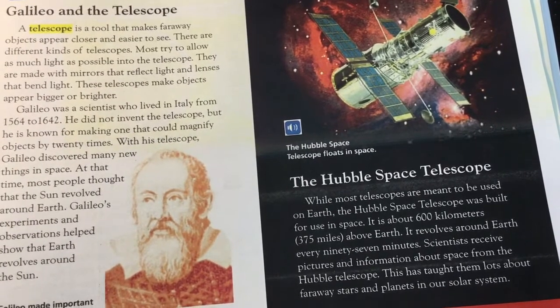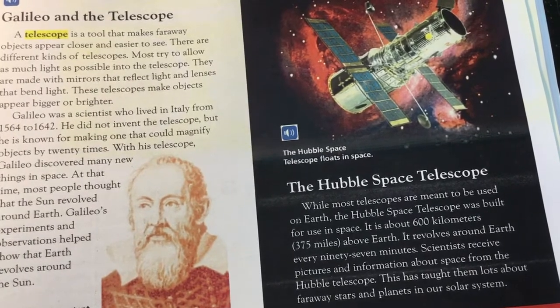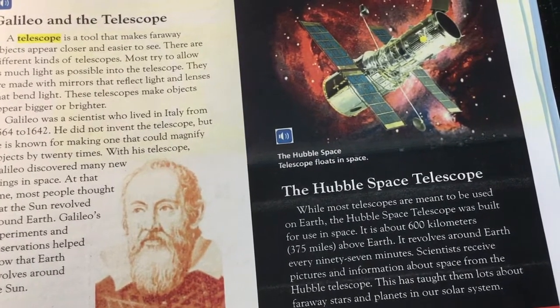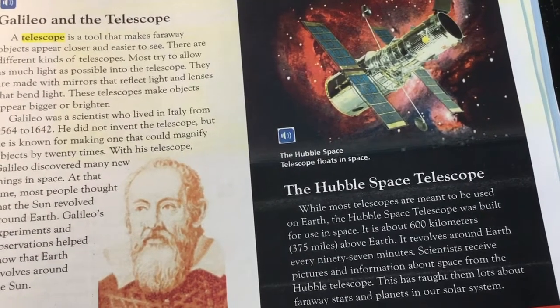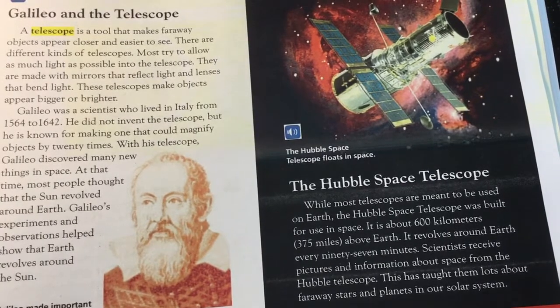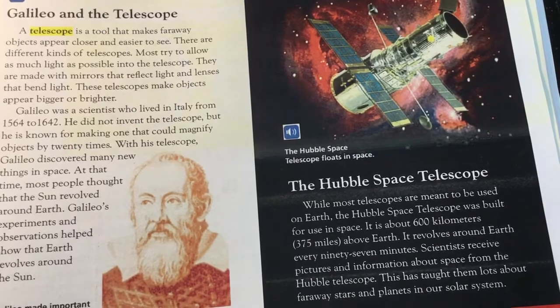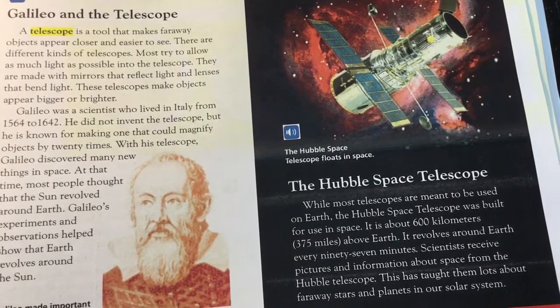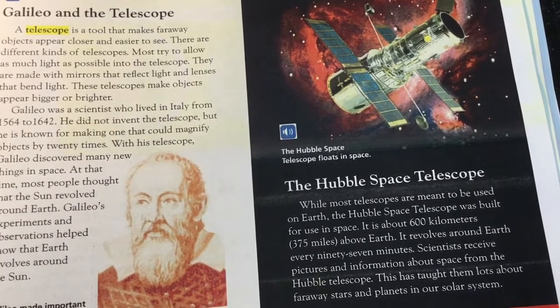It revolves around Earth every 97 minutes. Scientists receive pictures and information about space from the Hubble telescope. This has taught them lots about far away stars and planets in our solar system.